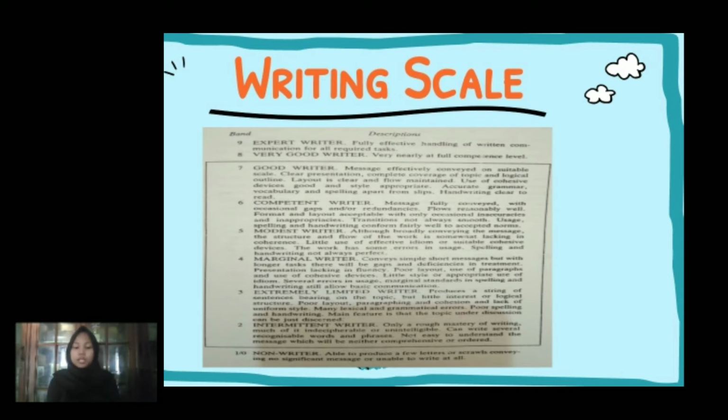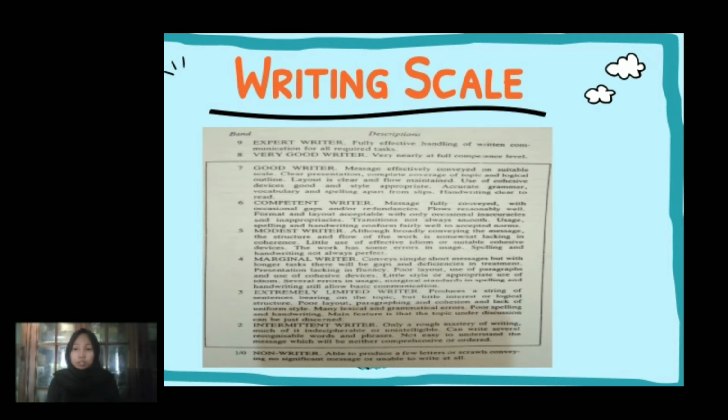Level 2, intermittent writers, only around mastery of writing, much of it identifiable, can write several recognizable words and phrases. Not easy to understand the message, which will be neither comprehensive nor ordered.